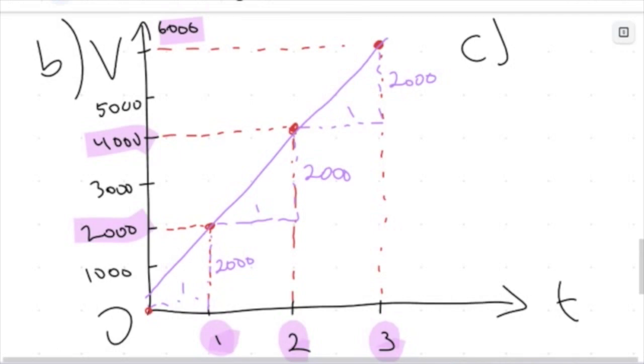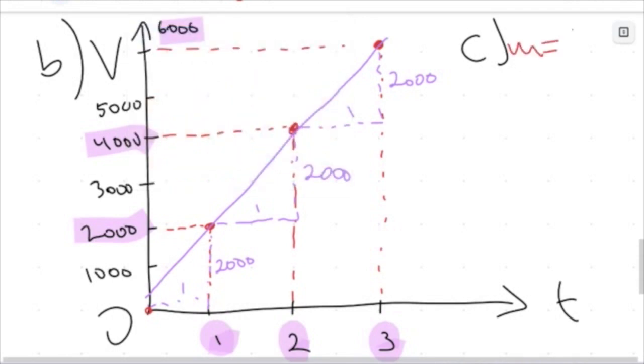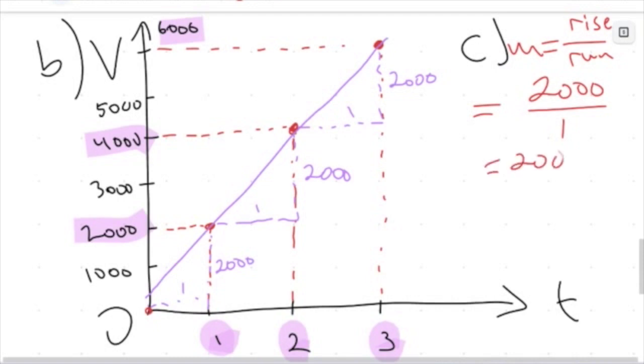As I run along 1 in the time, I rise up 2,000 in my volume. I can write my gradient as rise over run. My rise is 2,000 liters, and my run is 1 hour. So I can write my gradient as 2,000 here.